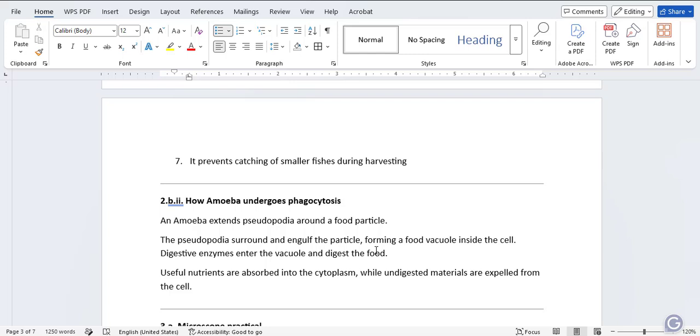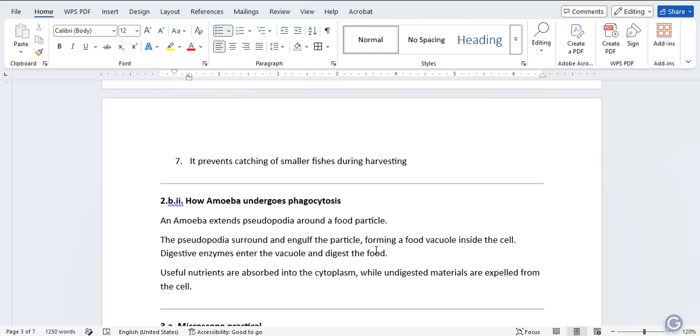Next, digestive enzymes enter the vacuole and then digest the food. Useful nutrients, the end products of digestion, are absorbed into the cytoplasm, while the undigested materials, which are still in the food vacuole, are expelled from the cell.